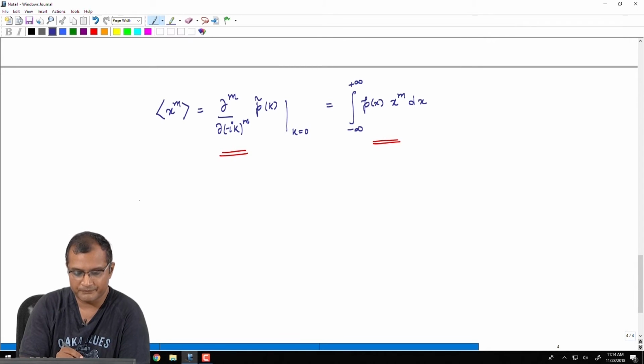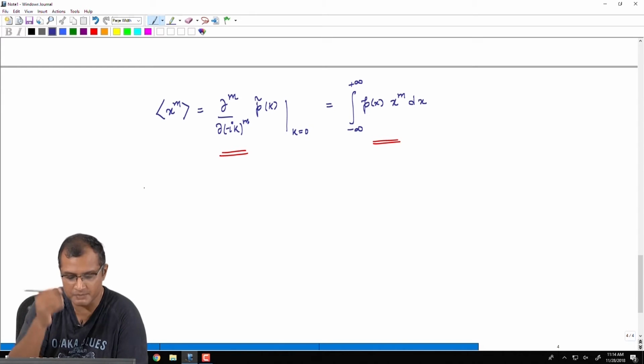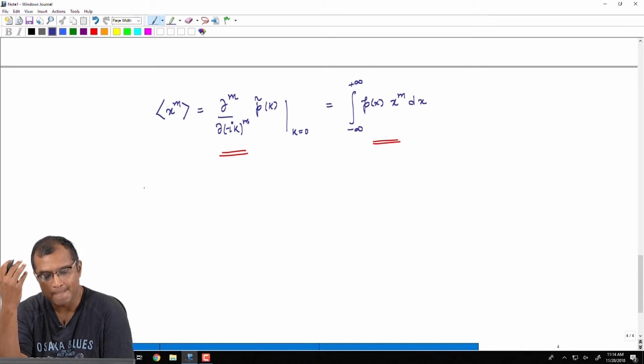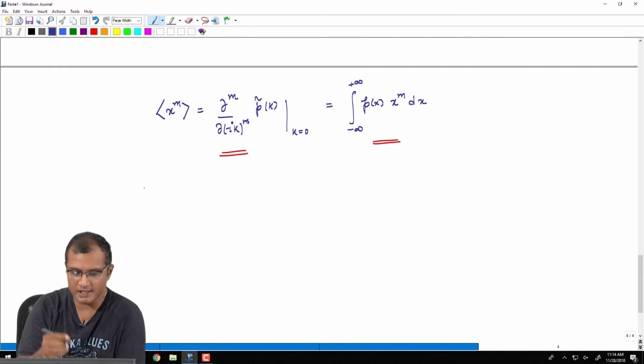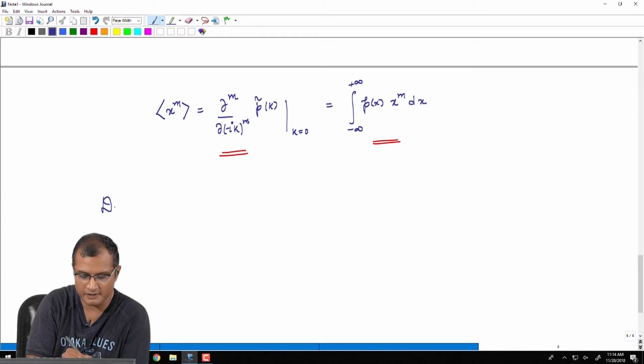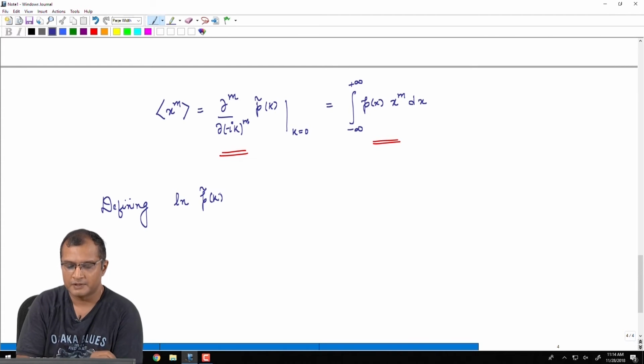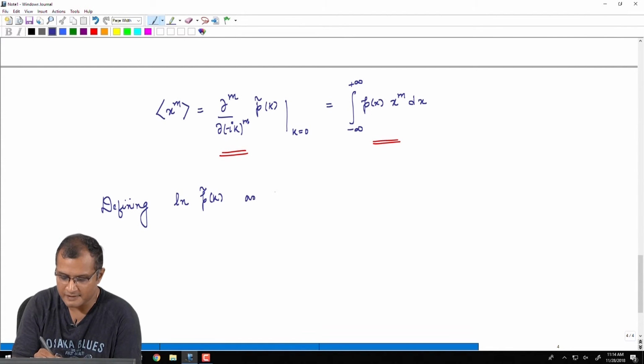So, cumulants are important objects, and they are connected with the correlations in random variables, and I'll just give a definition of defining the logarithm of the characteristic function as the generator.